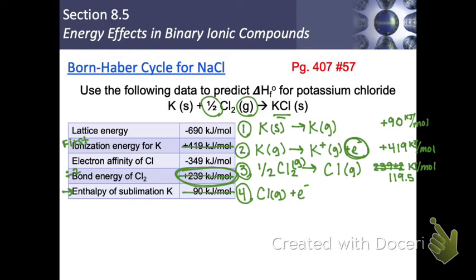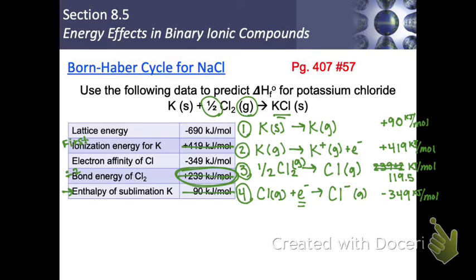It's just waiting right now. We're going to add it in right here, and that will leave us with Cl- as a gas. That is called the electron affinity: negative 349 kilojoules per mole.